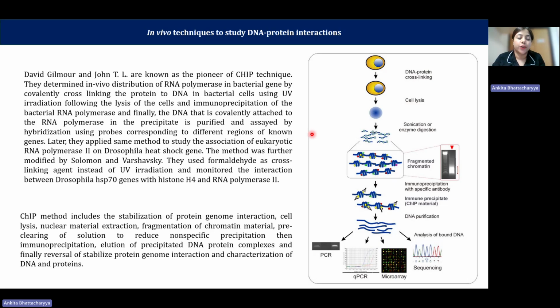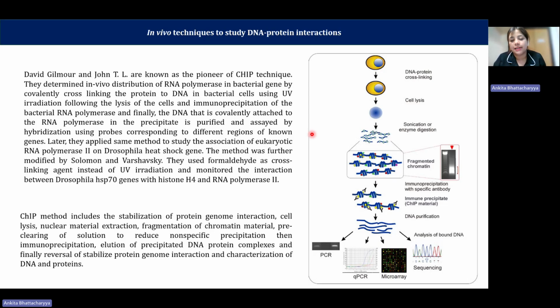Later, they applied the same method to study the association of eukaryotic RNA polymerase II on the Drosophila Hsp70 gene, and the method was further modified by Solomon and Varshavsky, who used formaldehyde as the cross-linking agent instead of UV radiation. Another reason why using UV is not a very good idea is because UV is also a mutagen, so it can change the DNA sequence to some extent, and it's of course not safe.